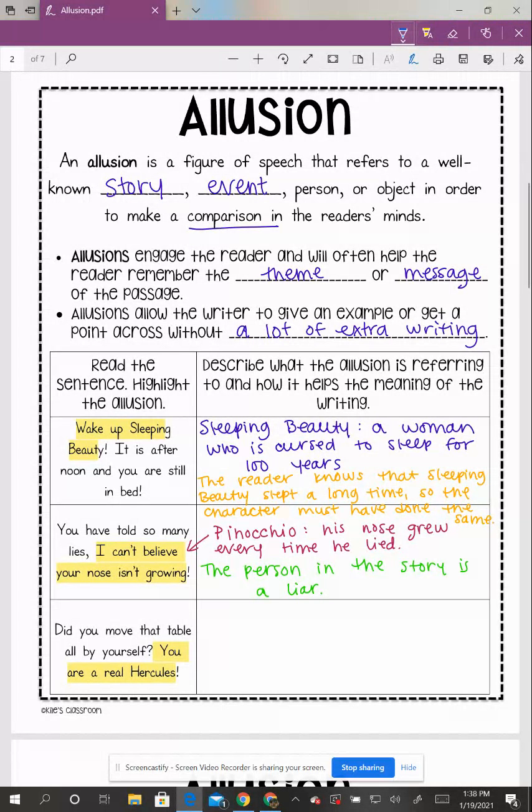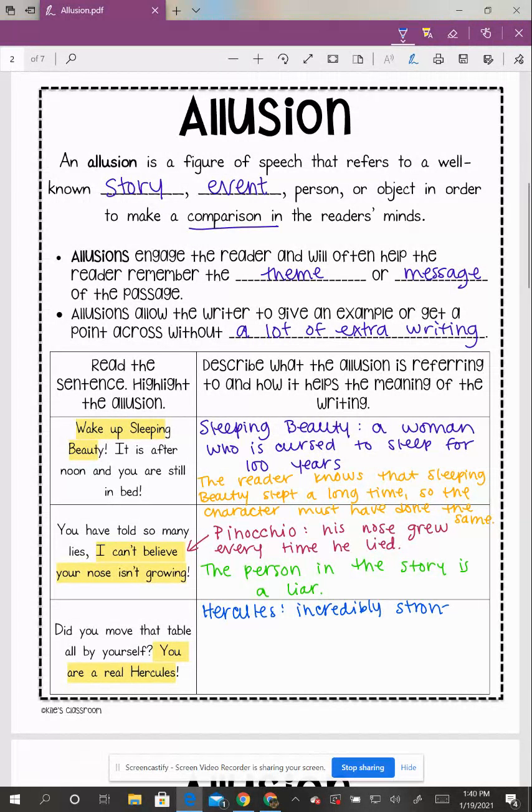We know who is Hercules. Who do we know Hercules to be?